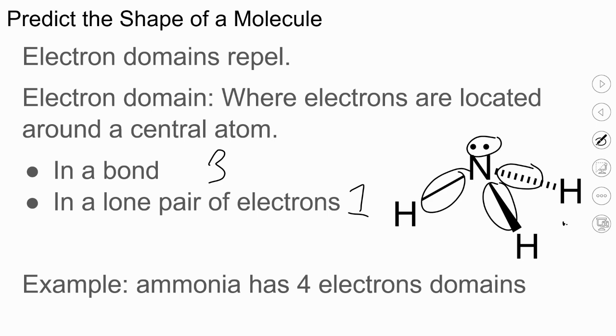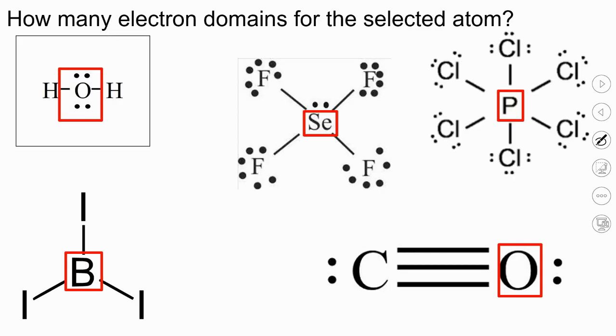So what shape is that if you have 4 electron domains? That's tetrahedral. You can also look across the top here. These are electron pair geometries, and we're looking at just the electrons. We either have 2, 3, 4, 5, 6. So if we have 4, that's called tetrahedral.